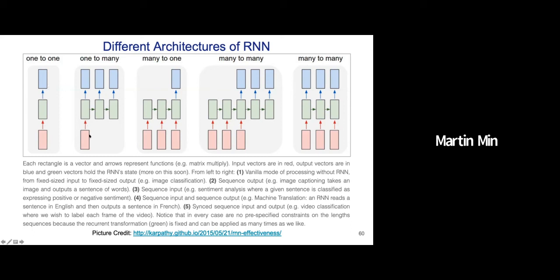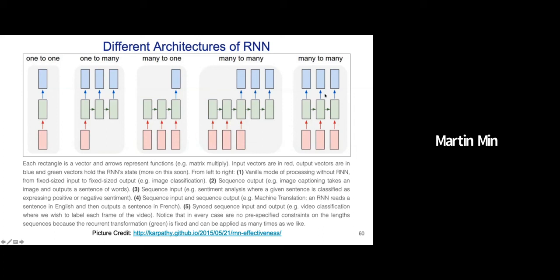We can have one input and many outputs, or many inputs. So many to many is very popular in the recurrent neural network, or many to one. So basically, this is your sentence representation. This is word 1, word 2, word 3 in your sentence, and then you have a hidden representation, and then you get the output, the sentiment category of your sentence.